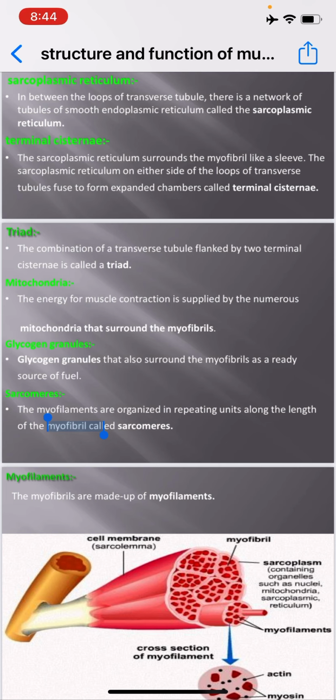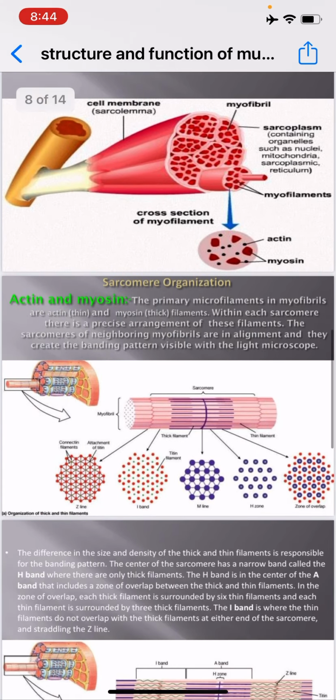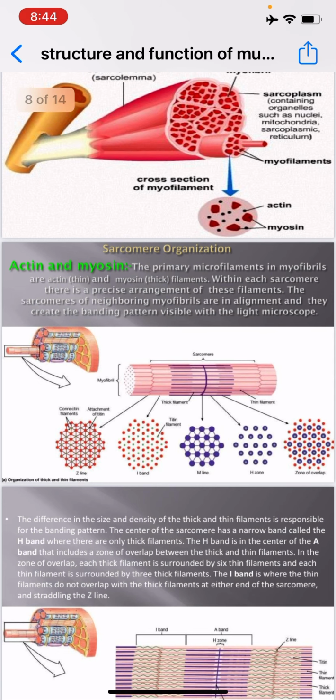Myofilaments. The myofibrils are made up of numerous myofilaments. You can see there is a cell membrane, the sarcolemma, myofibrils, and sarcoplasm containing organelles such as nuclei, mitochondria, and sarcoplasmic reticulum. This you should make in the exam.